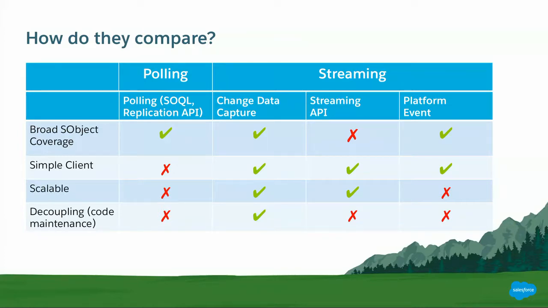And with getUpdated, you also suffer from the same problem, that you have to manage the state of your client. It's very complex. With the Streaming API, I think your major drawback is that it doesn't support all the standard objects. It only supports 7 of them, although it does support all custom objects. With platform events, you have to write your capture logic in your trigger. But Change Data Capture doesn't suffer from any of those drawbacks.